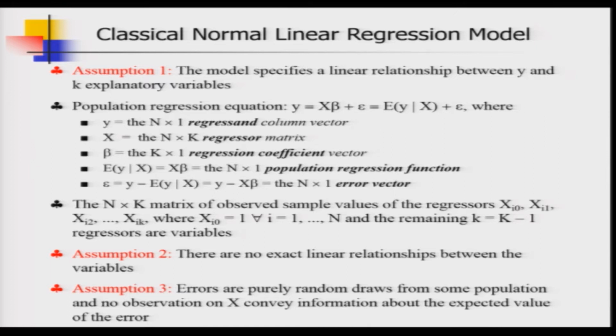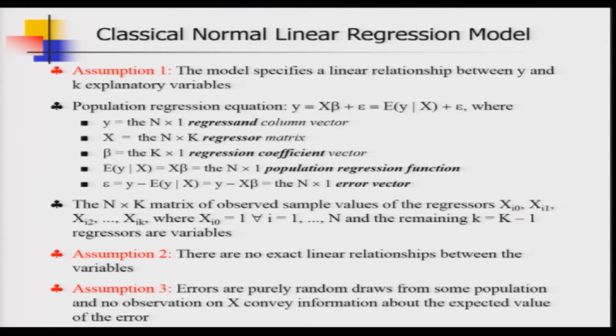And the remaining small k regressors are basically the explanatory variables. Now, if you remember the last discussion, you can have square terms or cube terms of existing explanatory variables in the same data matrix.